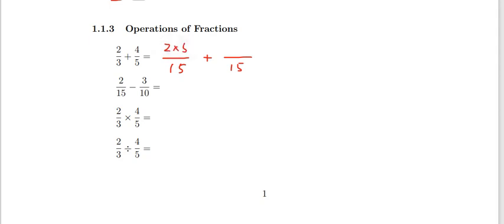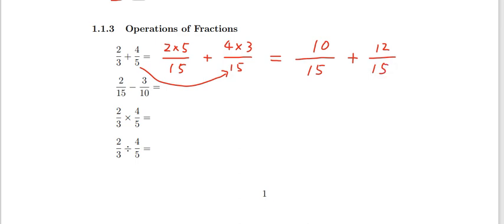For 5 to go to 15, we multiply by 3, so the numerator we also multiply by 3. So this equals 10 over 15 plus 12 over 15. Okay, so this becomes 22 over 15, right?